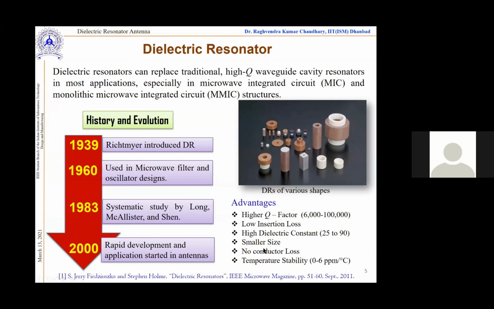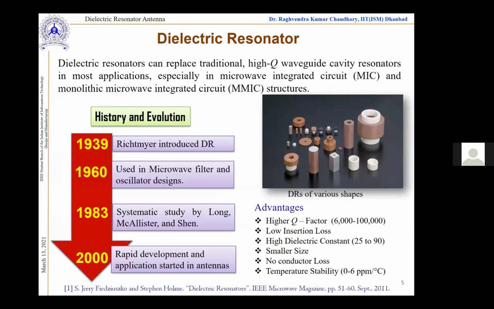And the good thing is that we don't have conductor loss, and we have very good temperature stability, correct? So we can introduce devices made of this DR where the environment is drastically changing, like very hot or very cold.